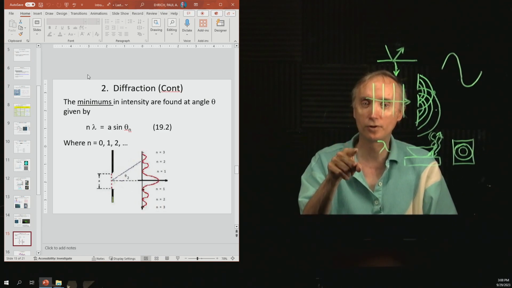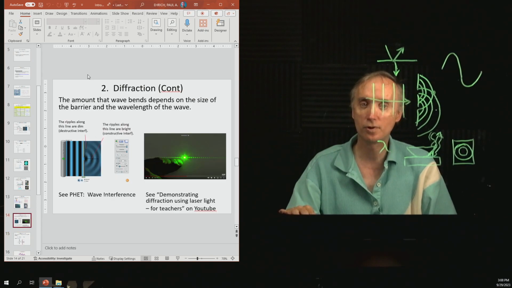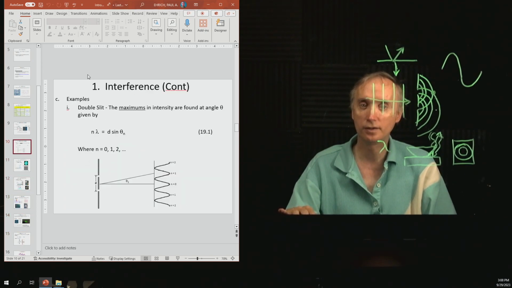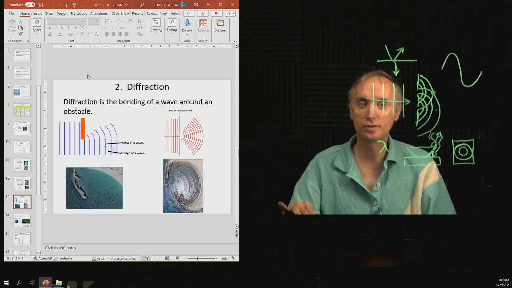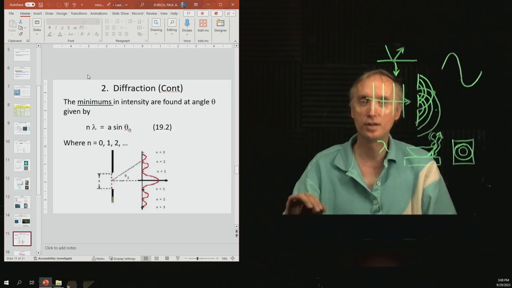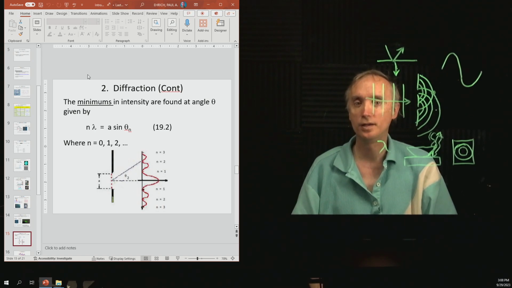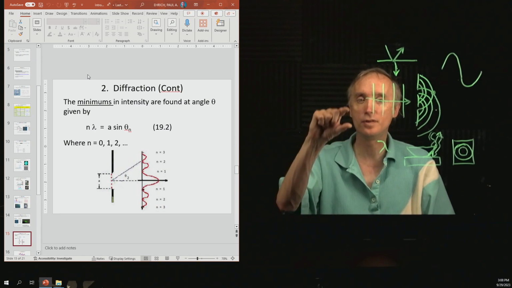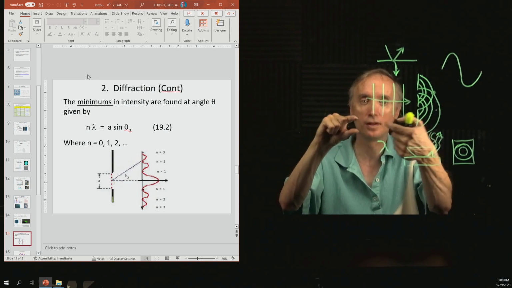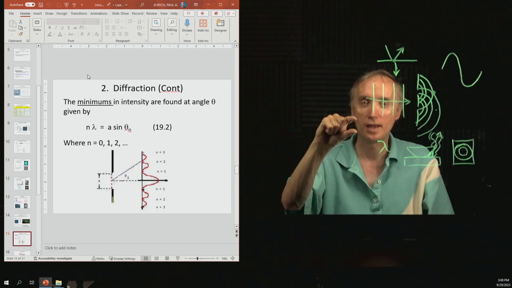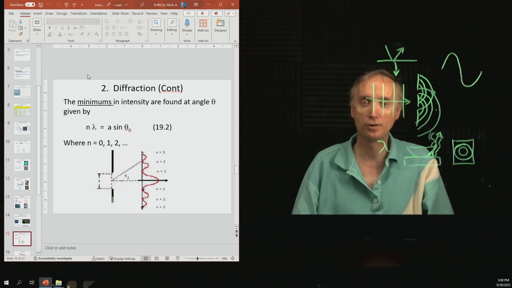Notice that that formula looks remarkably like that formula. So you notice that it depends on the wavelength of the light. It depends this time on the opening. So A is the opening that the light goes through, and then it also depends on the angle.